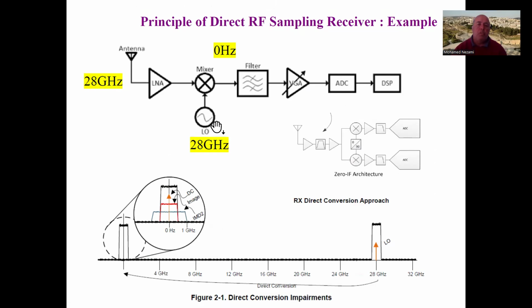First of all, since this frequency is the same frequency as this, you're going to get a DC in here, and that DC is represented here by an impulse. Okay, that DC, or even the LO that leaks in here, is going to be transformed back to 0 hertz, and that's going to eat up a lot of the dynamic range.